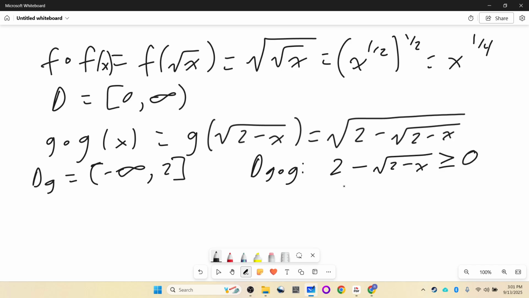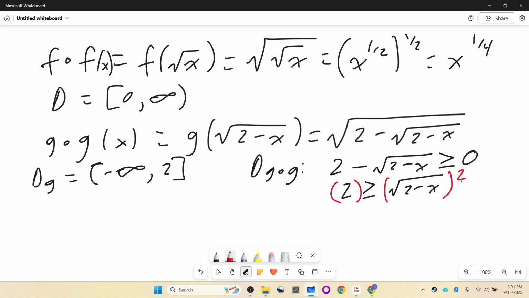Let's see if we can solve that. So 2 is greater than or equal to square root of 2 minus x. Can we square both sides? Squaring is tricky, but both sides of this are always positive: the square root always gives a positive number, and the 2 is positive, so we can square both sides.